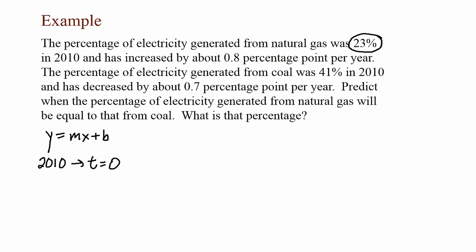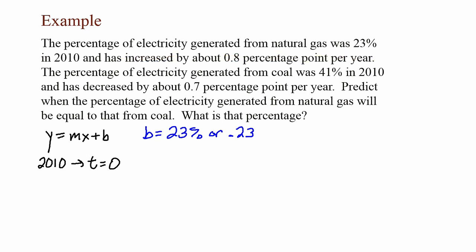Since 23% was the percentage of electricity generated in 2010, our y-intercept is 23%, or 0.23.